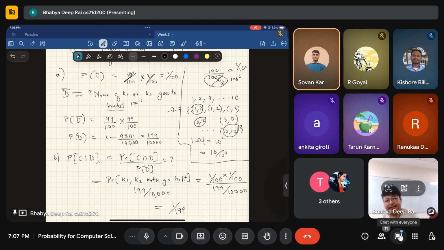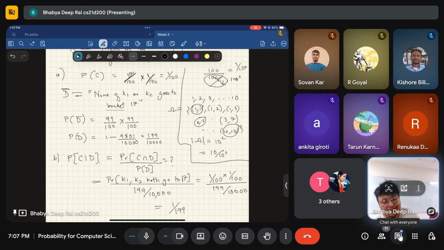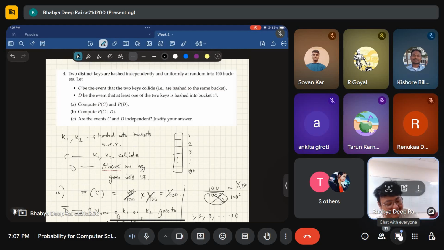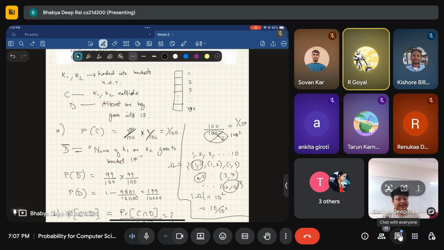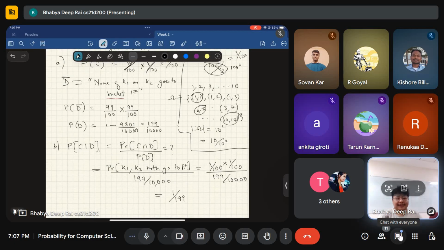Right. So now the final part of the question is: are events C and D independent? No, sir. So what's the probability of C given D? It is 1 by 199.